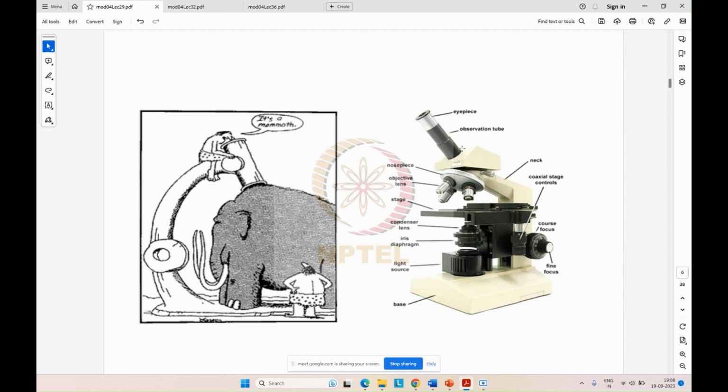Like there would be a lens here which would zoom it by 2x or 1.5x, and there will be other filters, a diffuser, a condenser, all of the works. But that is a compound microscope. When you are thinking about a simple microscope, it's just the objective lens and you see through whatever light passes through this objective lens.